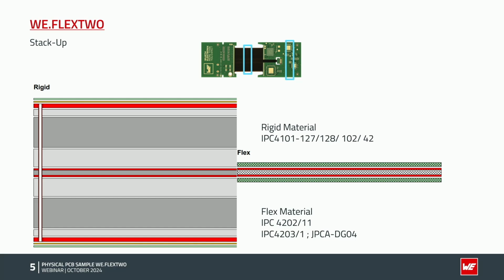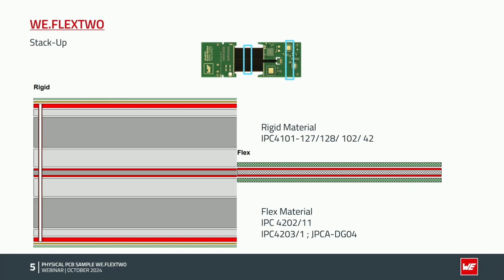This is material with a TG of 150, 170, and it's an FR4 material. So that's the main material we use for this PCB. And you will find this in our standard stack-up as well, especially the 150 TG.